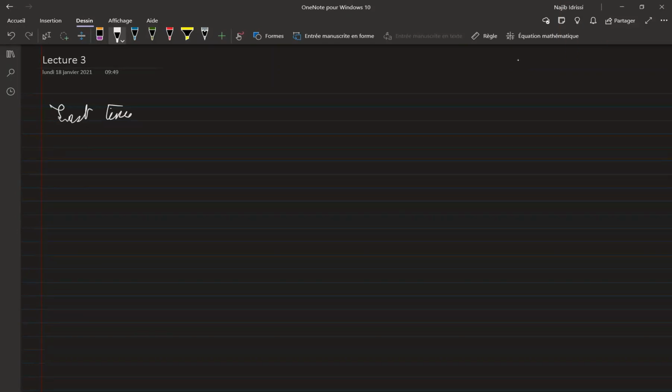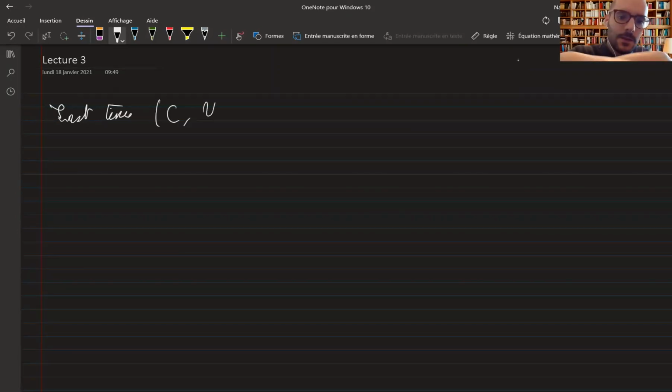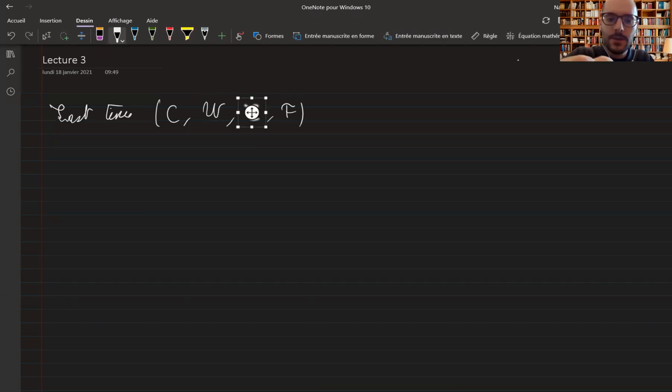We studied model categories, which were given by three classes of morphisms. You had the category C, and you had W, the weak equivalences, the cofibrations, and the fibrations.